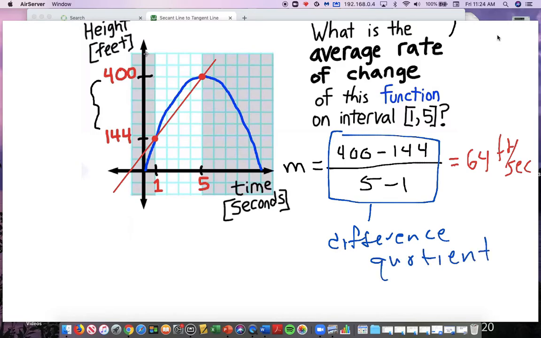It's a difference quotient because it's the difference, which means subtraction. It's a quotient because it's division. That idea is what's called the average rate of change.